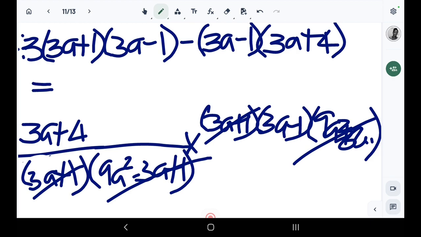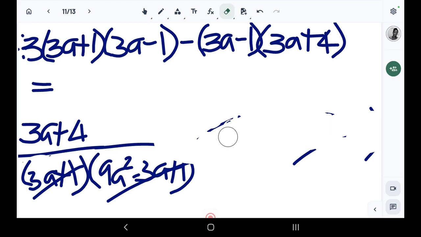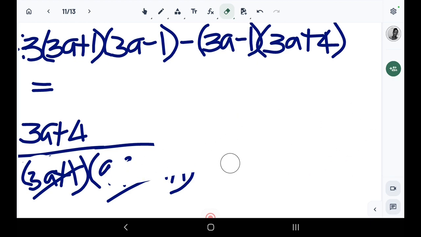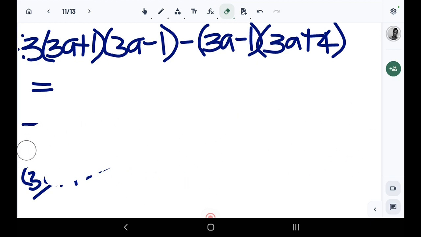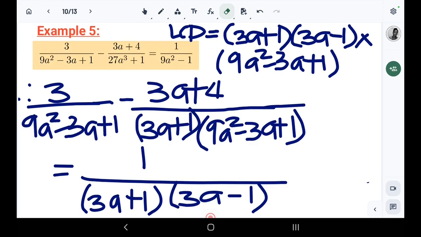The last one is 1 over the difference of two squares.